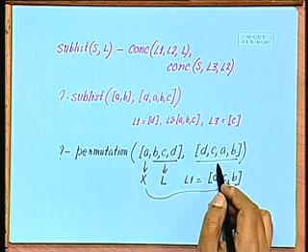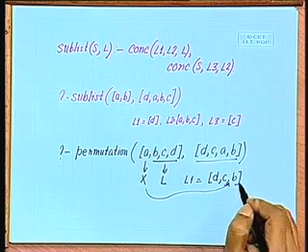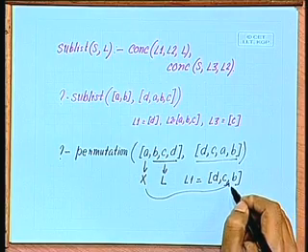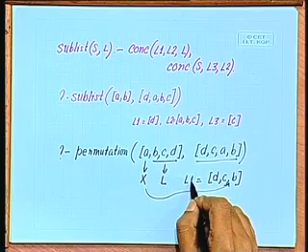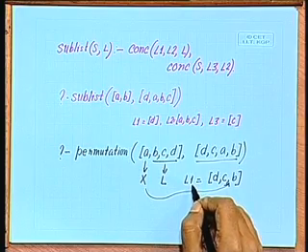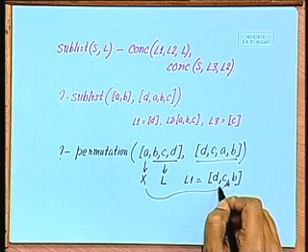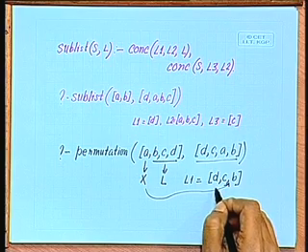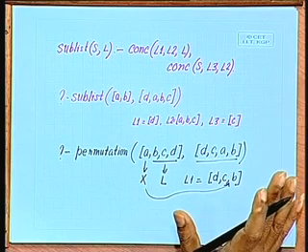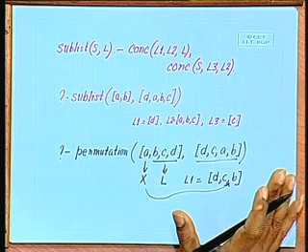How does it unify L1 with P or DCBA? How does it unify this? See, at this point of time it does not know what should be the value of L1 such that inserting x in L1 produces the permutation, it does not know, right.